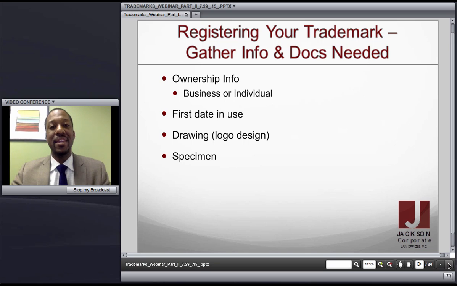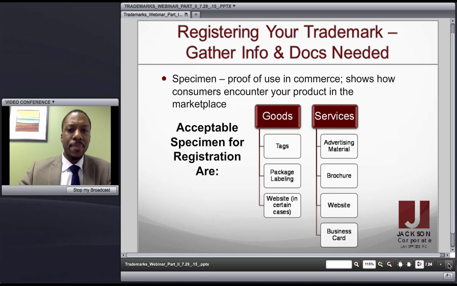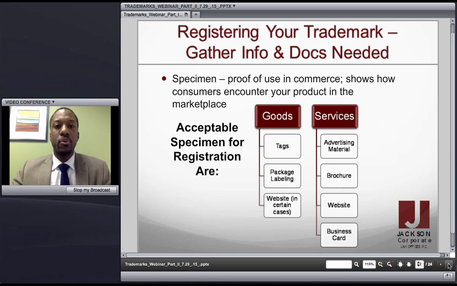And then the next thing that you have to do is submit a specimen with your application. Now, a specimen is your proof of using the trademark in commerce, and so it shows the exact way that consumers engage and interact with that product or service in commerce along with that trademark. And so acceptable specimens for a registration are, for goods, tags.